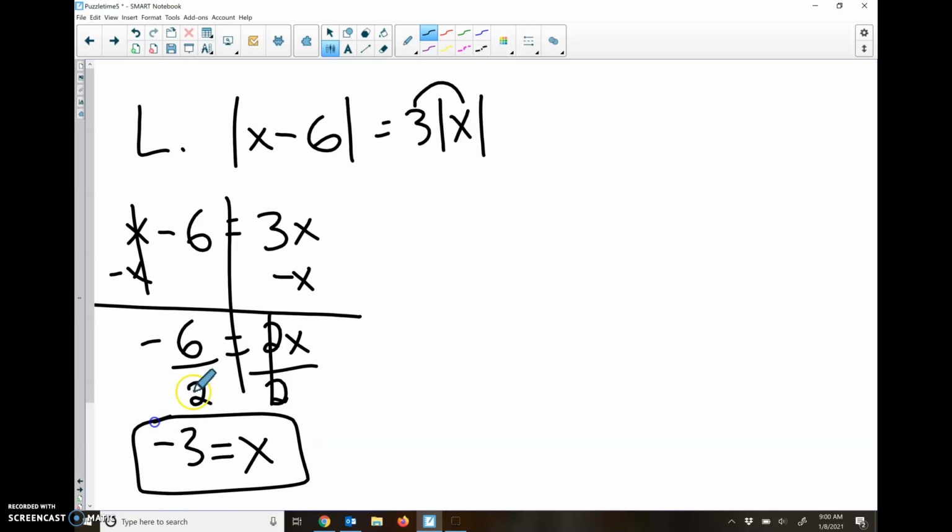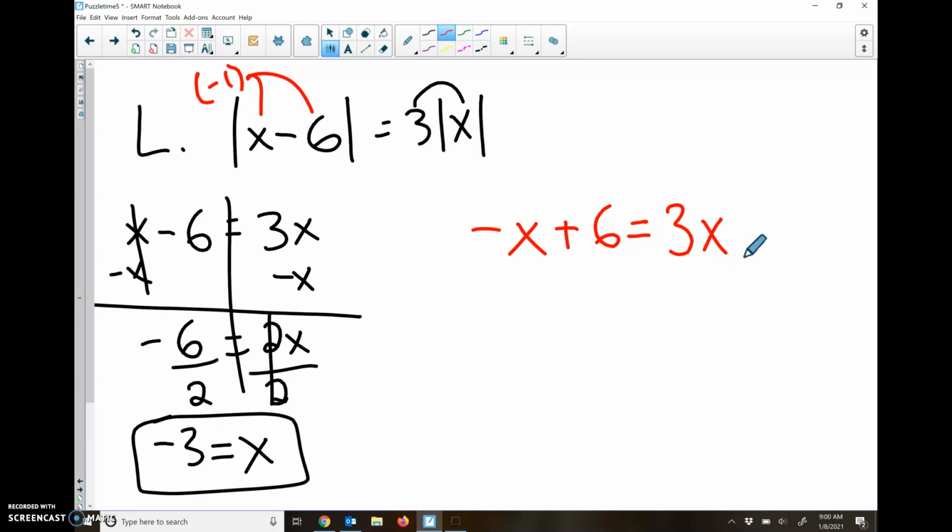And then same thing, the other problem, I need to make one whole side negative. Since this one has that distributing, I usually don't like to mess with that. So I'm just going to make this left side negative. I'm going to distribute a negative 1 to everything on the left side. So negative 1 times x, negative 1x, negative 1 times 6 is now a positive 6. And like I said, I didn't want to mess with that right side because it's weird with that distributing, so I'm just going to leave it as 3x.